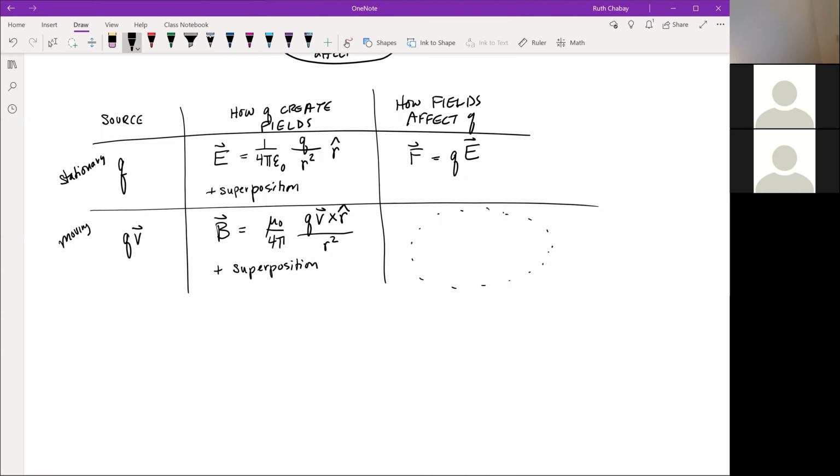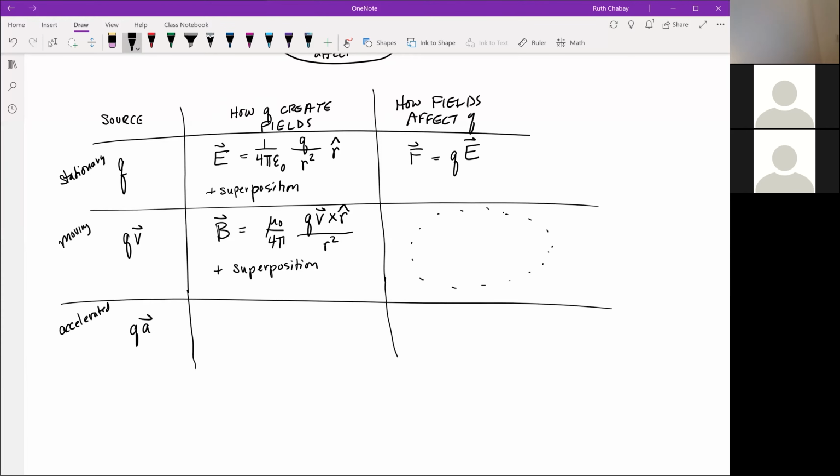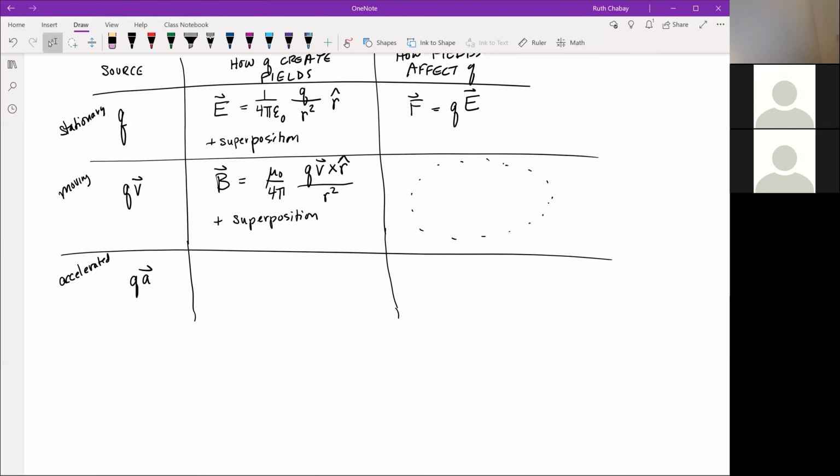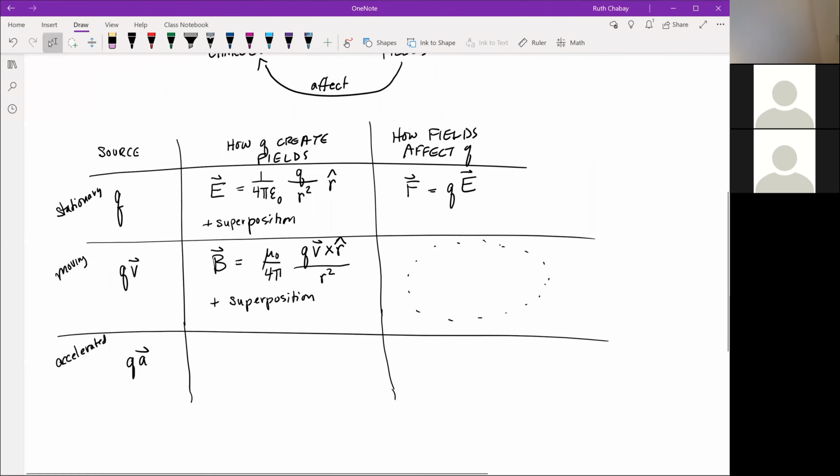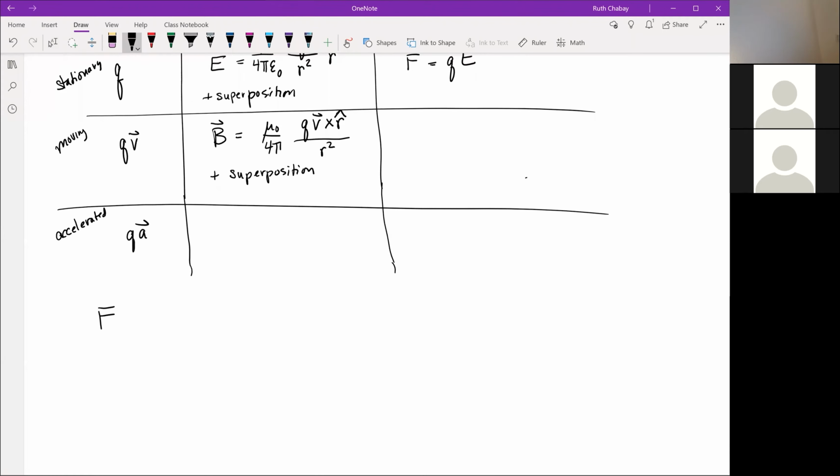Just for completeness, a little bit later, we'll find out what accelerated charges do, charges whose velocity is actually changing, and that'll be kind of interesting. So the basic idea behind magnetic forces is an interesting one. Magnetic force only affects a moving charge.